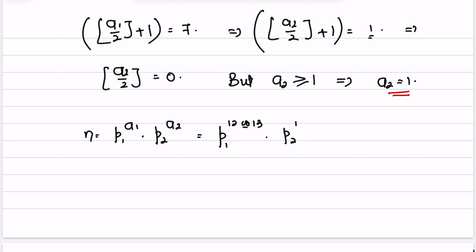That implies n is equal to P1 to the power of 12 into P2, or n can be P1 to the power of 13 into P2. P1 and P2 are primes, they are not equal to each other.